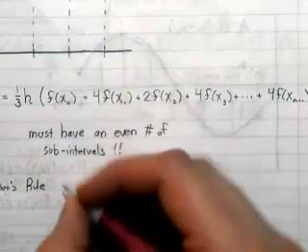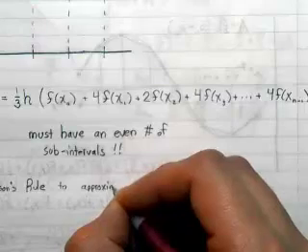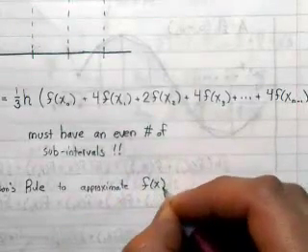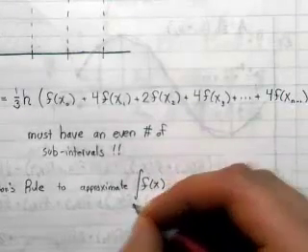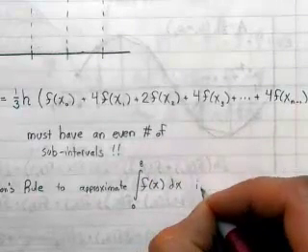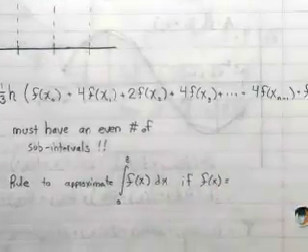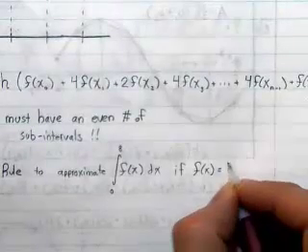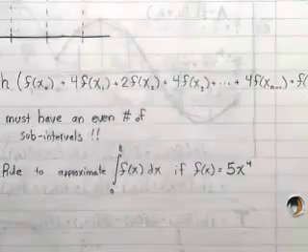So let's use Simpson's rule to approximate the integral from 0 to 8 of f of x dx, if f of x equals, what could we do for this one? Let's go x to the 4th.